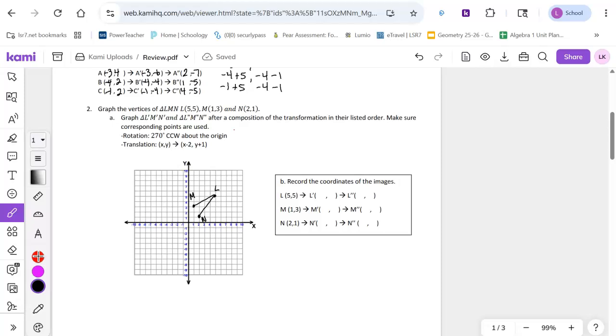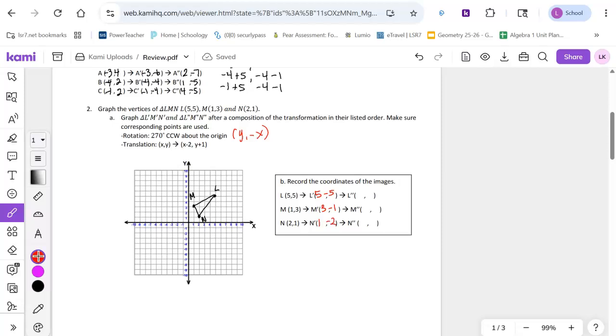So there's my first pre-image. Now I'm going to rotate it about the origin 270 degrees. Well, that rule says (x, y) goes to (y, -x). So then this is going to be 5, -5, 3, -1, and 1, -2.